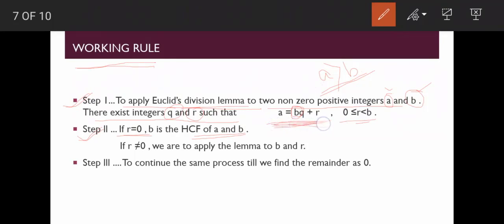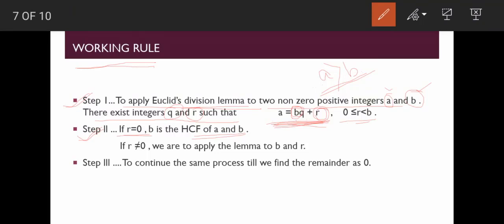After performing division, if we get a 0 remainder, that is, nothing is left, we shall put 0 here. If in the first step itself the remainder is 0, we must understand that the divisor here, b, whatever number we are putting in place of b, will be acting as the HCF of both a and b. That is the case when r is equal to 0.